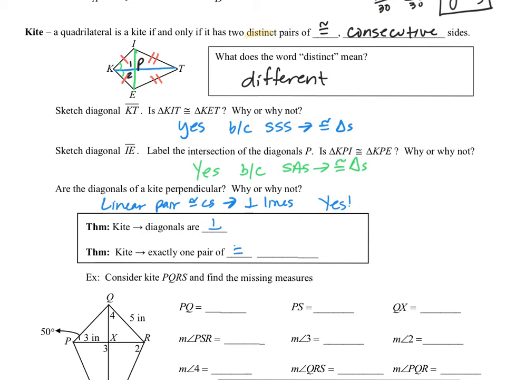From our discussion up here, angle I would be congruent to angle E, because I and E correspond. So there's always going to be one pair of congruent angles, and they're going to be opposite angles in a kite.